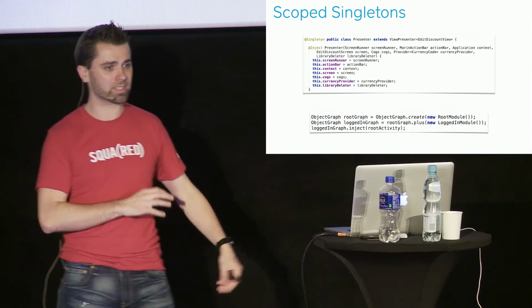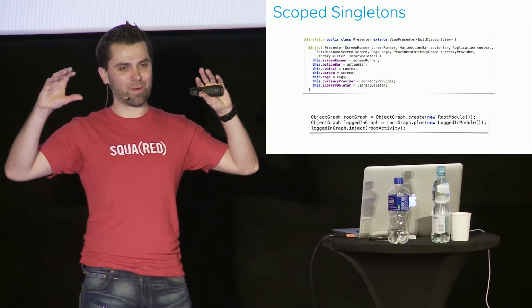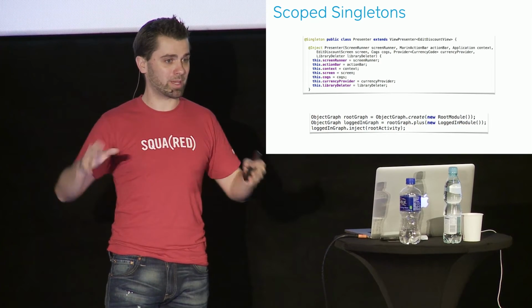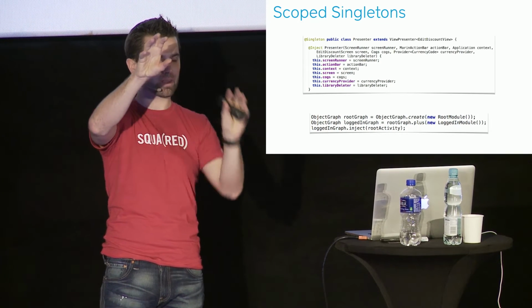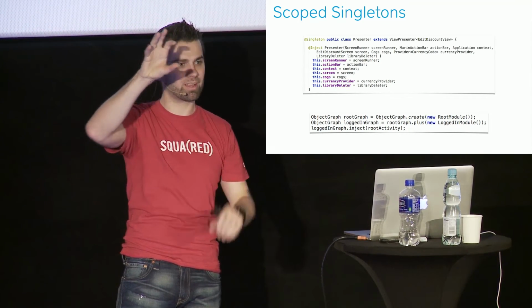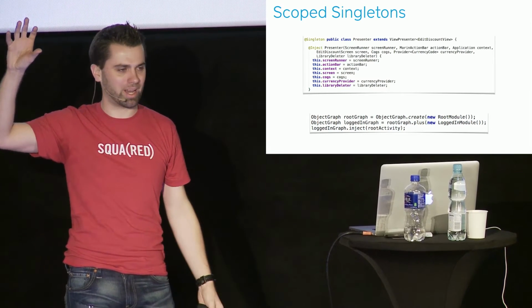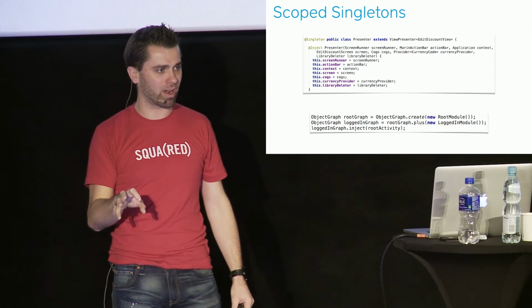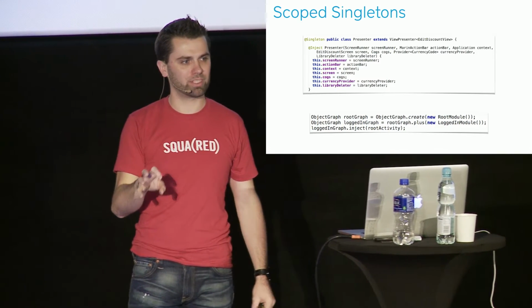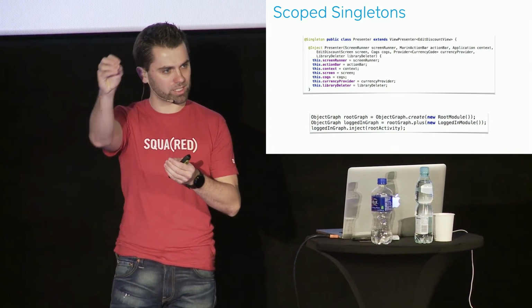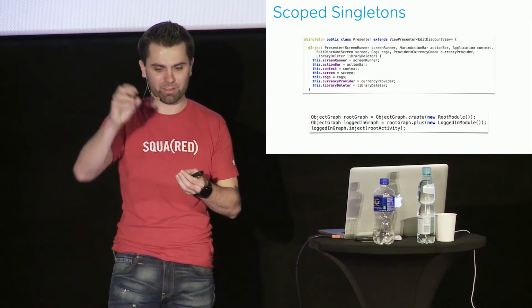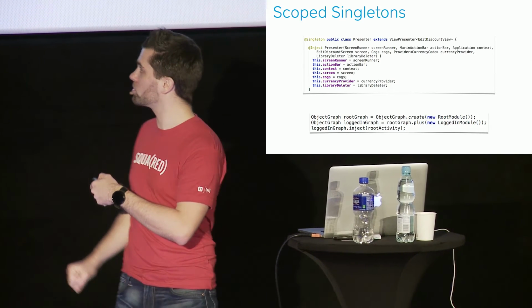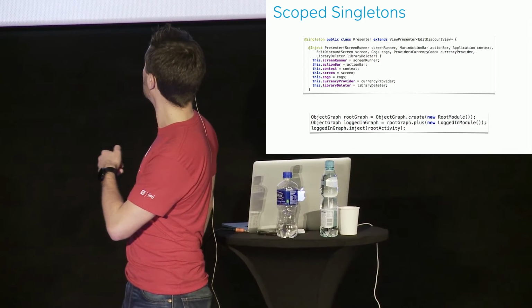And the way you do that is by creating what's called a plus graph or a subgraph. Basically, you have a graph inheriting the parent graph, so you have, for example, an application graph that's going to stay for the whole life of the application, then an activities graph that's only here for the life of the activity, and it has access to some objects in the application graph, etc. And we have screen graphs, and so that's the code we use to create a subgraph.